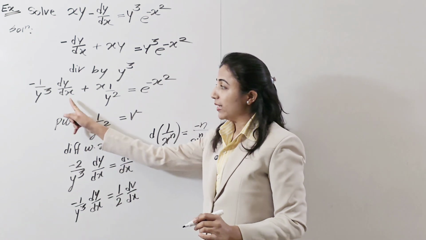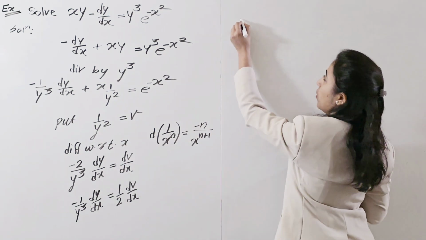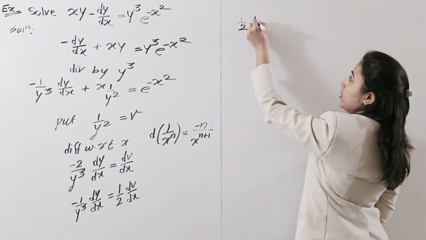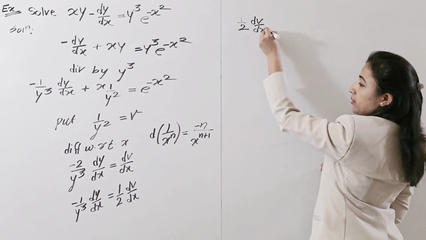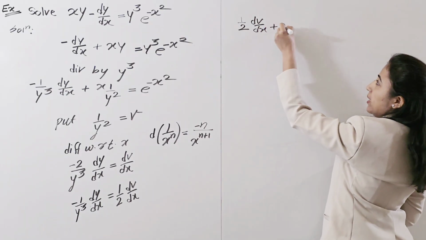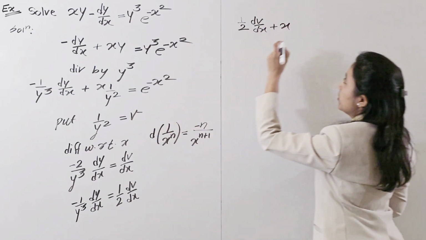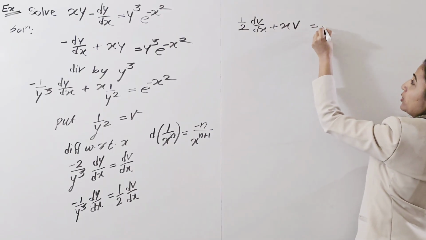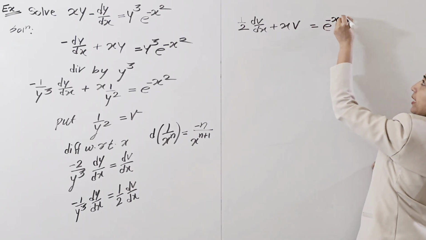Put this value in this equation, and you will get 1 by 2 dv by dx plus x, and 1 upon y square is v, equal to e power minus x square.